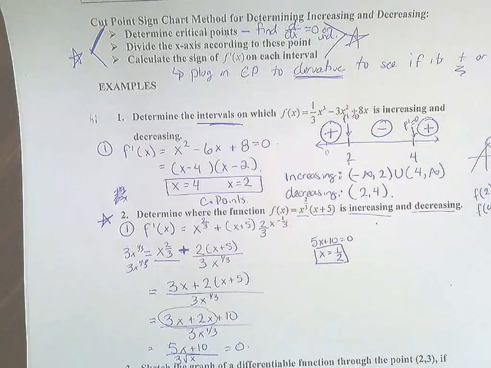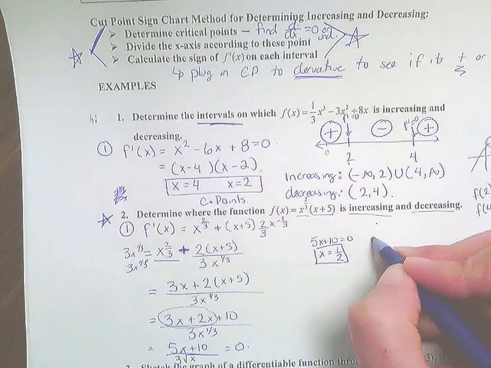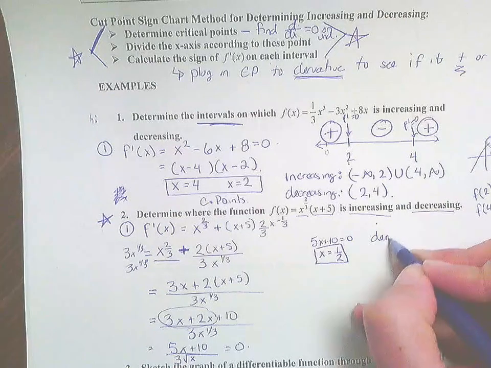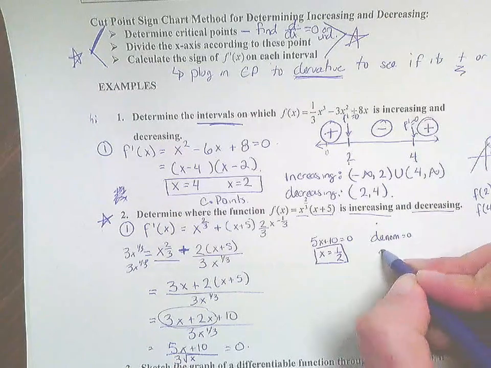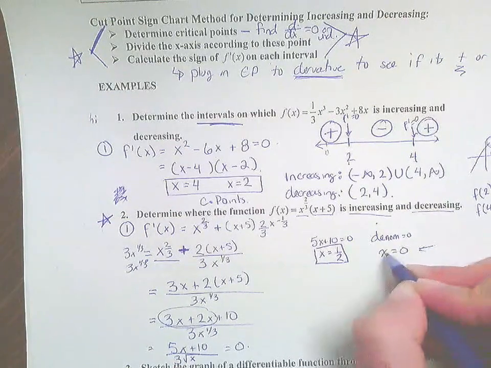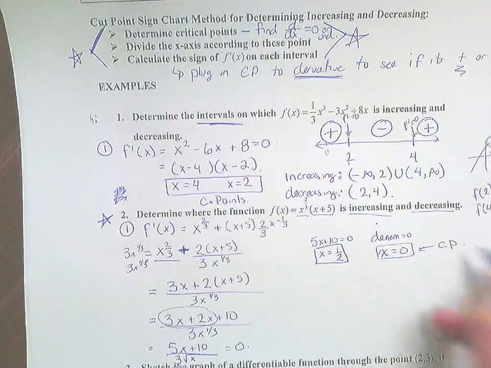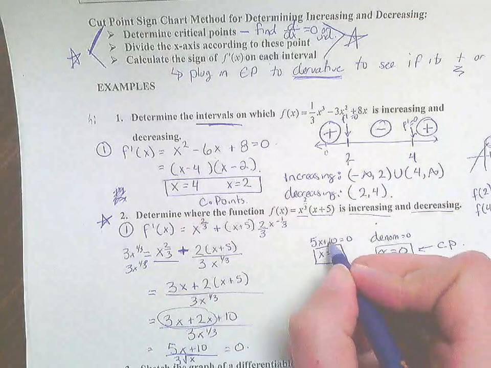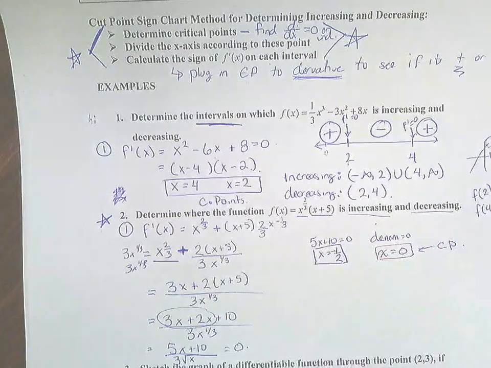It becomes undefined. So when will the denominator be 0? If x equals 0. So these are my critical points. Oh, and this should be negative 1/2, sorry, because you're subtracting 10 and then dividing by 5.